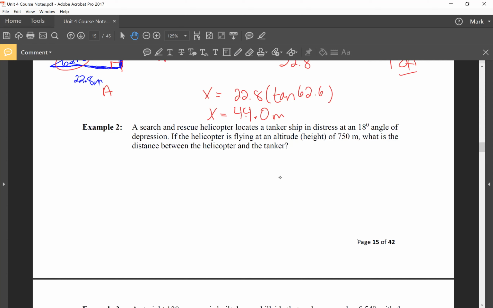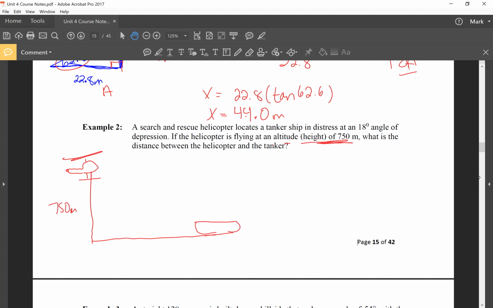So, let's draw a helicopter. There's my helicopter, really nice helicopter. And it's at a height of 750 meters above the water. We have a boat far away. I'm not drawing this to scale, obviously.